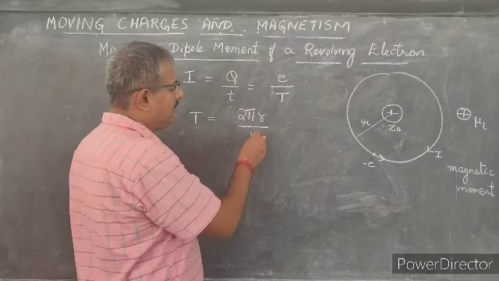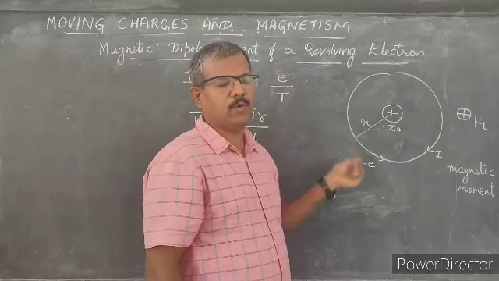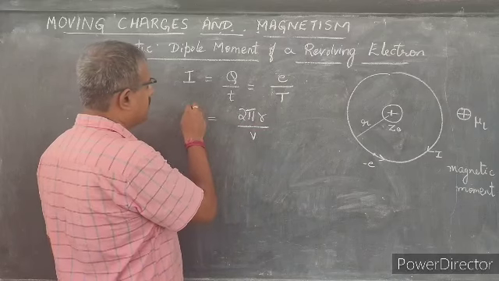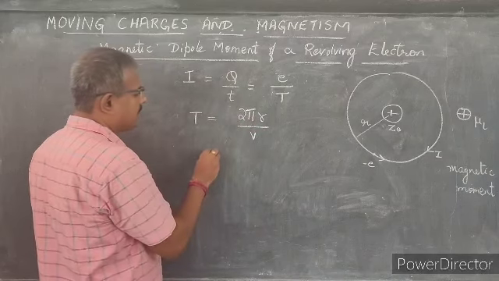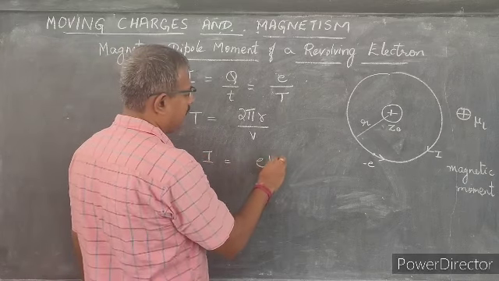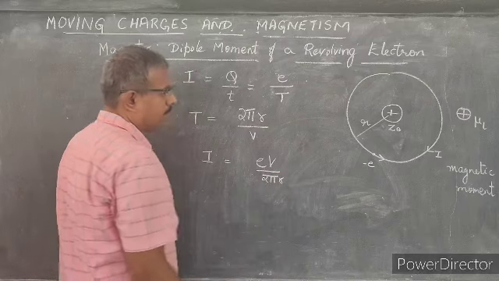So velocity v is the speed at which the electron is moving around the nucleus. If I substitute this back into this equation, I am left with I is equal to ev by 2 pi r.